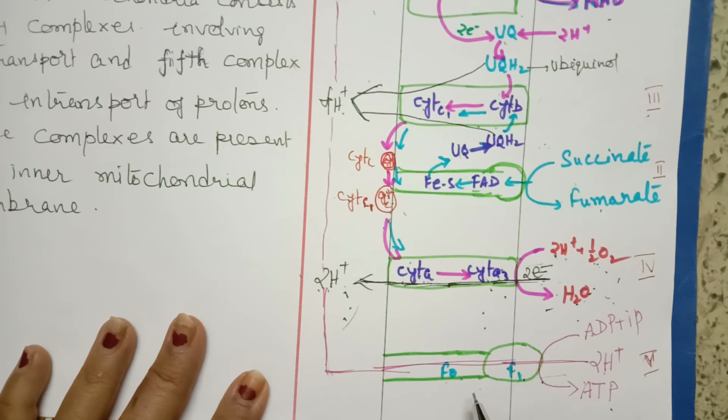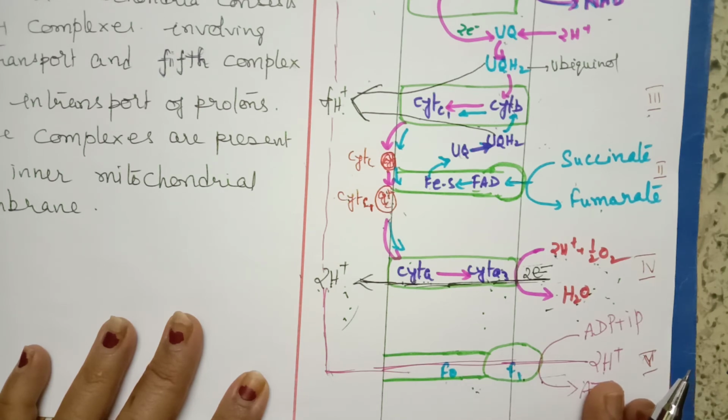This we have discussed very clearly during chemiosmosis. This is also a chemiosmotic process which is taking place in mitochondria. During chemiosmosis, a proton gradient is established, and that proton gradient is broken with the help of the F0, F1 complex, and that F0, F1 complex also helps in synthesis of ATP.